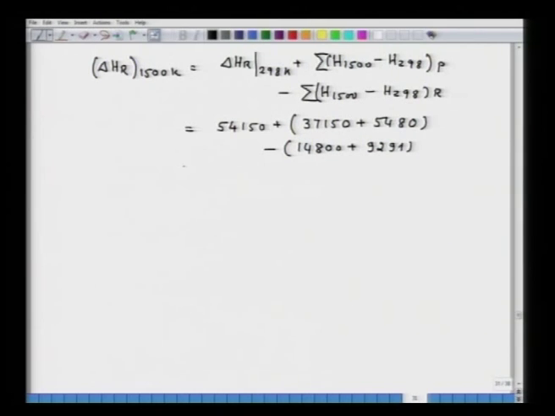So, if I solve, you will be getting 72,689 kilocalorie per kg mole.